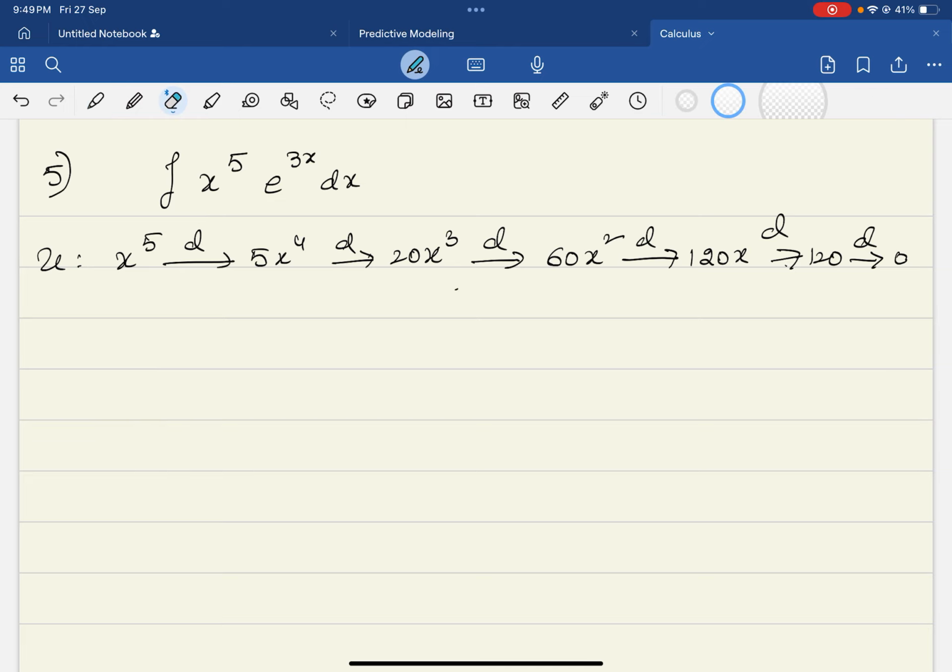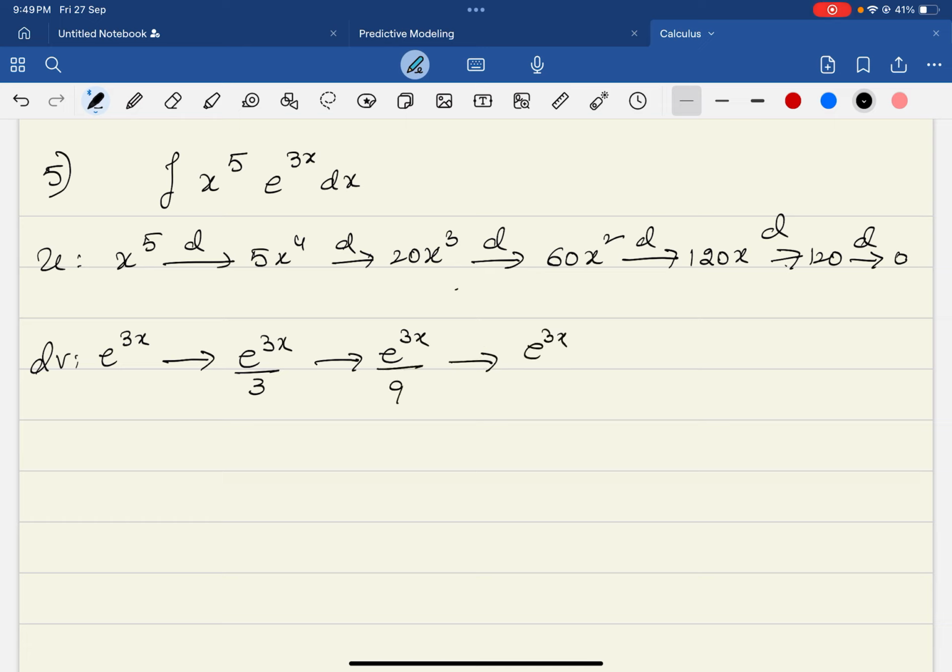So now let us see the integral part. dv is e raised to 3x, so the integral is e raised to 3x over 3, then e raised to 3x over 9, then e raised to 3x over 27, then e raised to 3x over 81, then e raised to 3x over 243, and then e raised to 3x over 729.